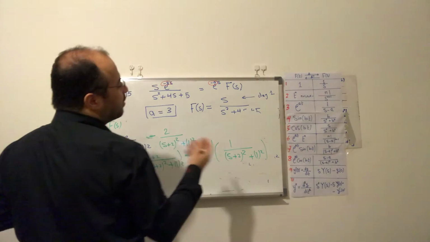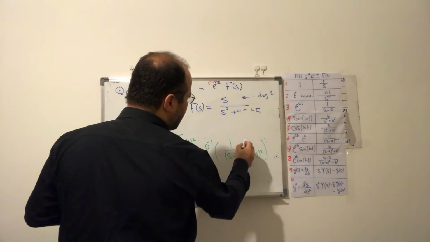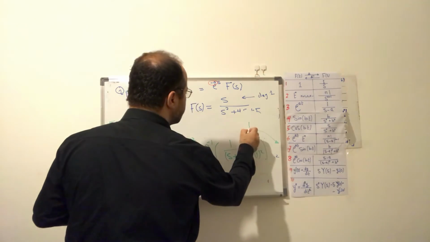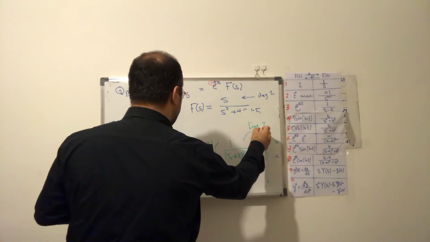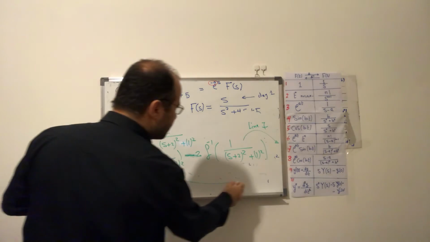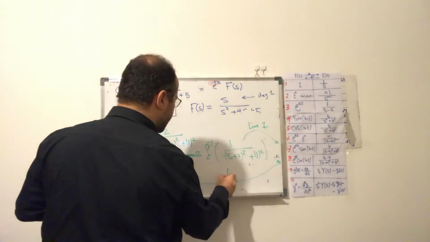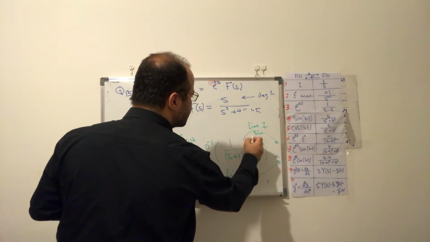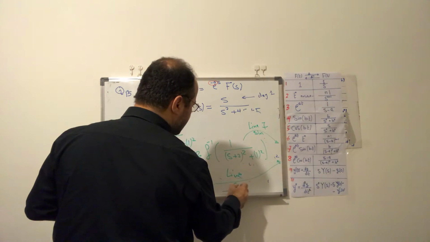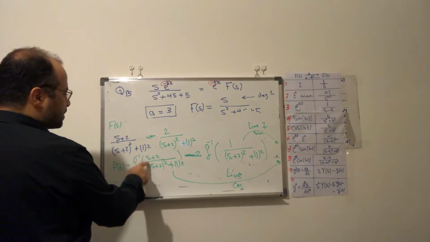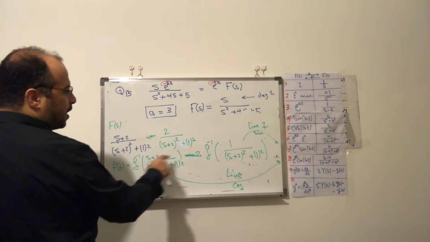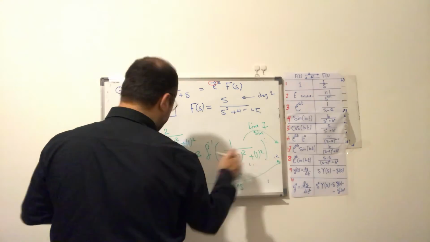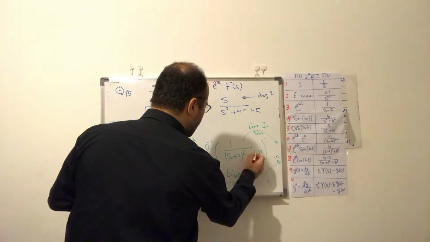Now I'm going to go back and change my mind: this is compared with line 8, and the other one with line 7. So this is compared with cosine, because the cosine has an s in the top, and the other is compared with sine, and here it has a number which is 1 and 1, right?